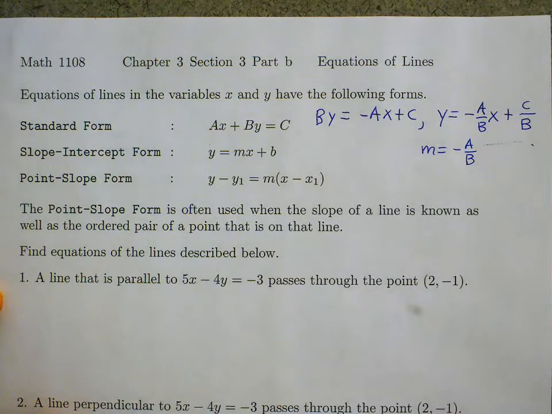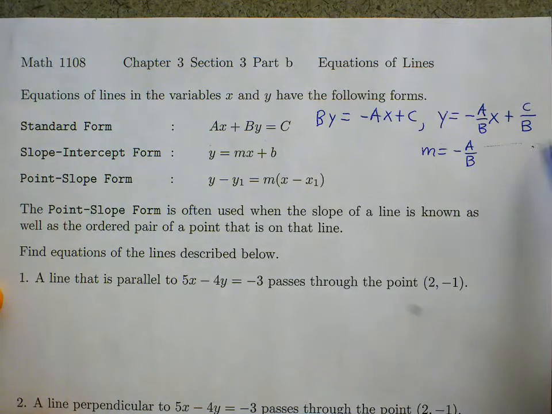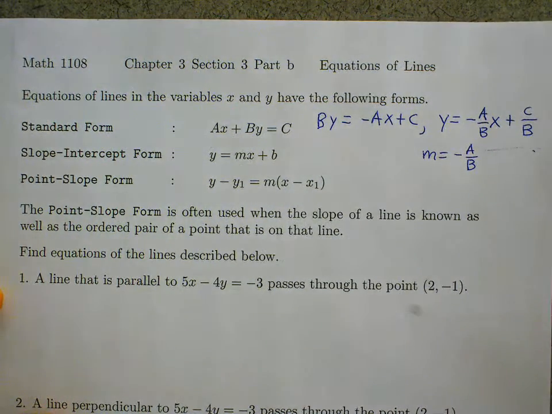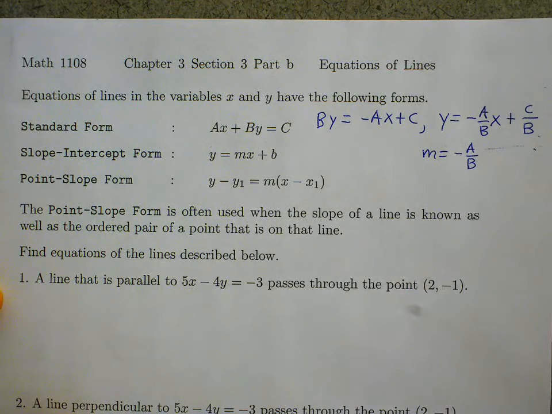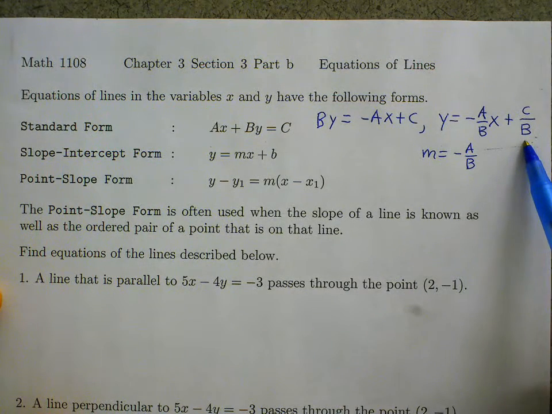That's the slope. And what about capital C divided by capital B? That is the y-coordinate of the y-intercept.